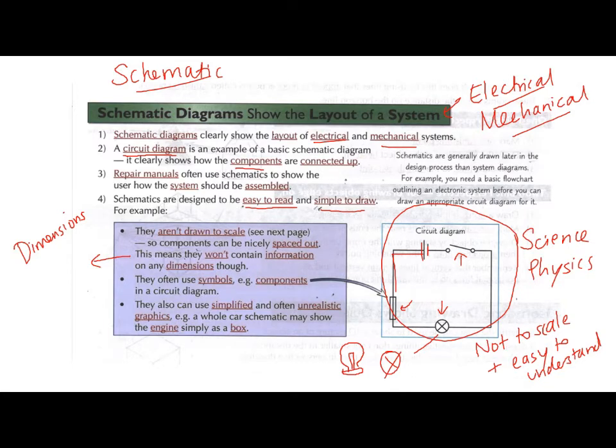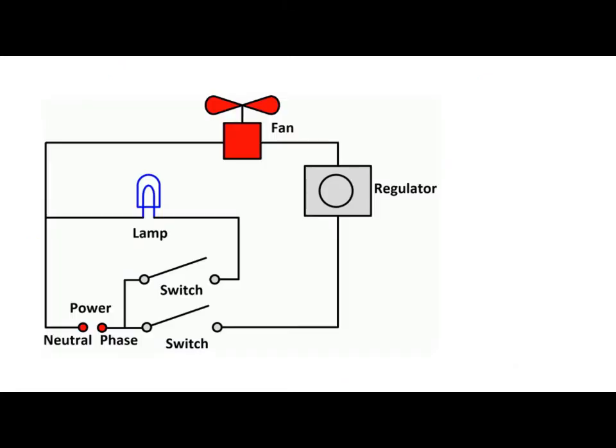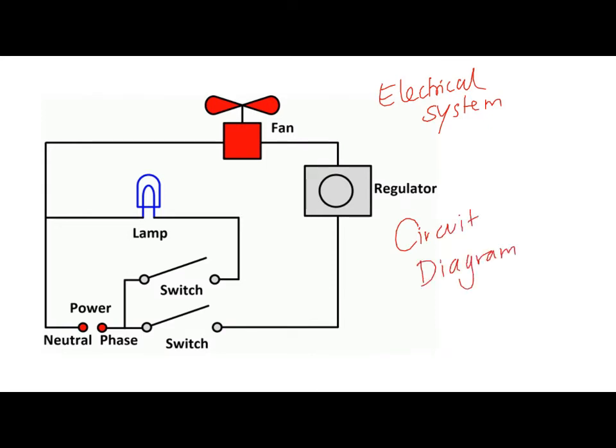I'm going to show you a couple more examples. So here is another example of an electrical system, and this one is a circuit diagram, but you could also call it a schematic, where you can see everything has been simplified, laid out nicely and spaced out.